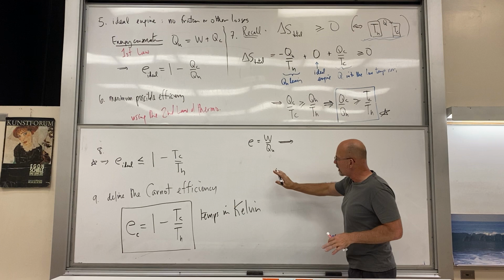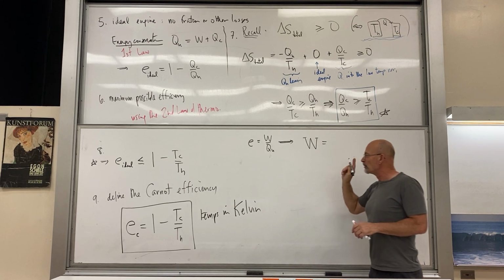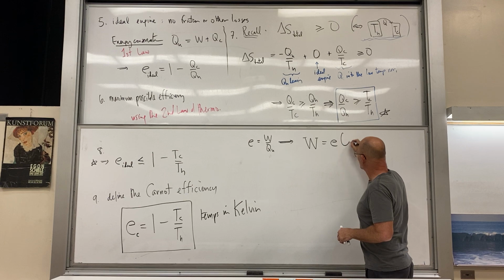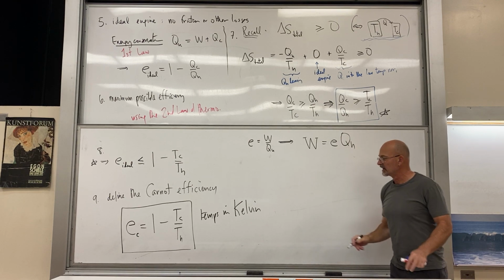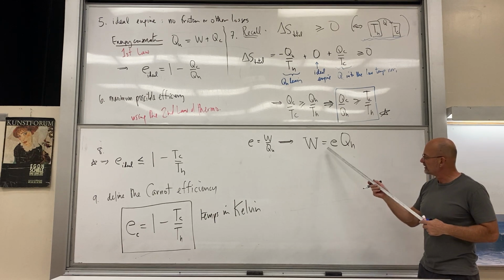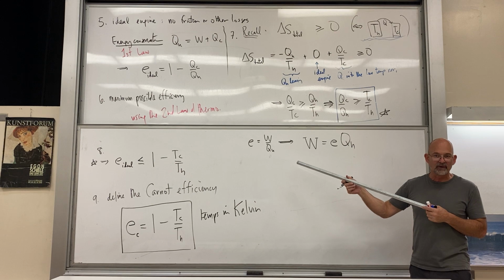That's very general, always true. So what we can write is the work we get out is at most the efficiency times QH. Okay. So if it's say 50% efficient, then we put in 1,000 and we get 500 out. That's the idea.